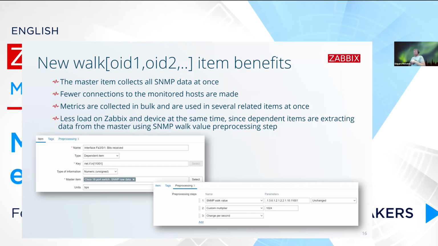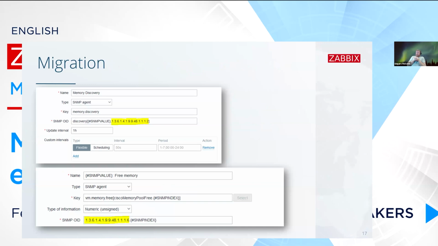Okay, but moving existing hosts, existing templates to this new feature required some work, but not that hard actually. If we want to get exactly what it was previously, it is some work, but not that much. So basically, I go into the template and start with the discovery rule.